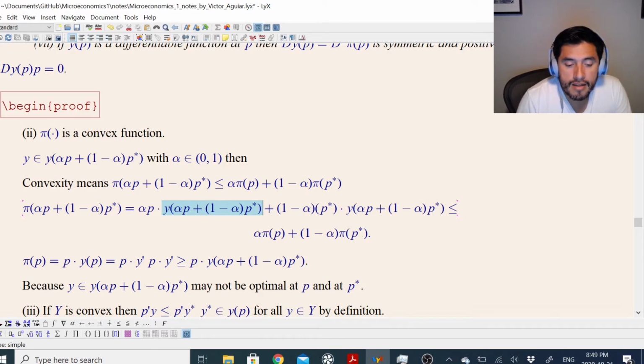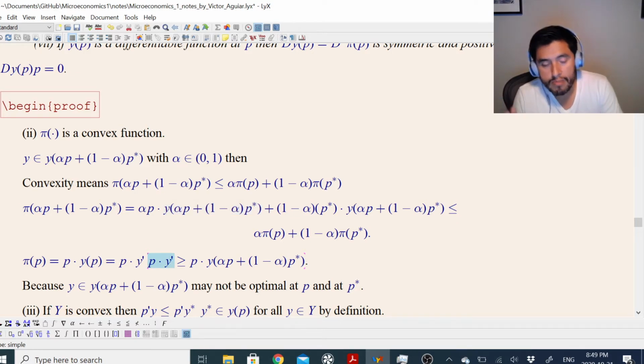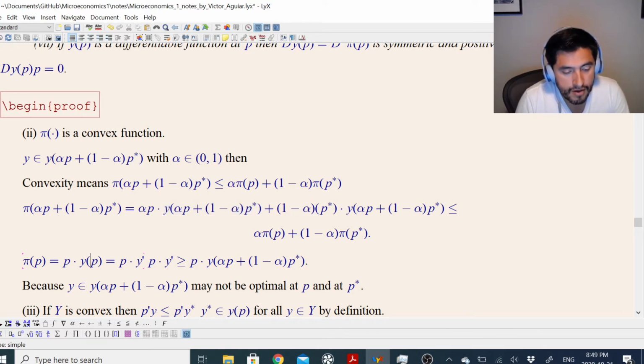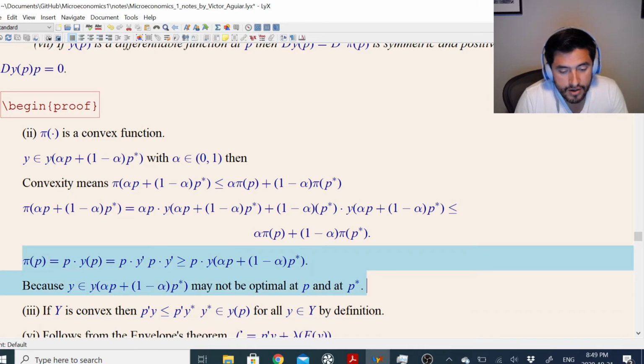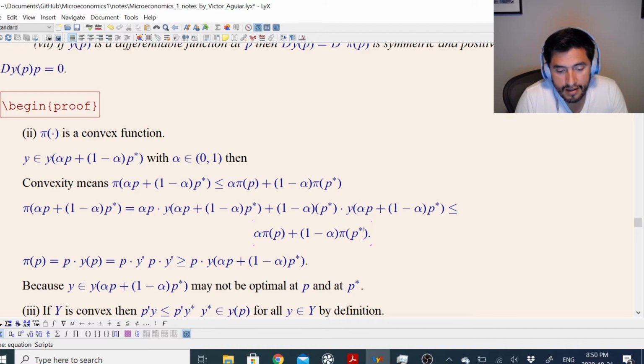Now, by definition, this supply has to be, of course, dominated by the profit generated by the own supply at a particular price P. So putting this line together, an upper bound of this is alpha profits of P plus 1 minus alpha profits of P prime. So showing this is convex.